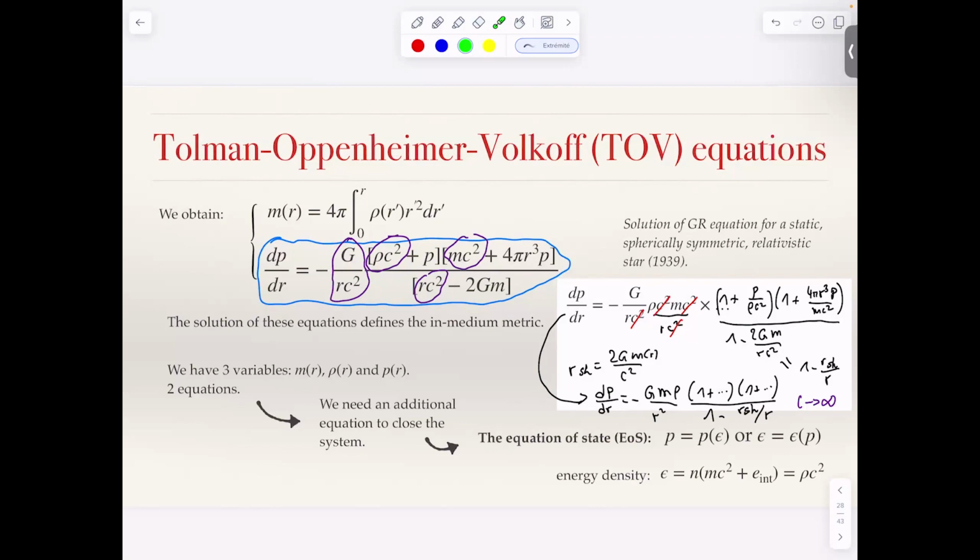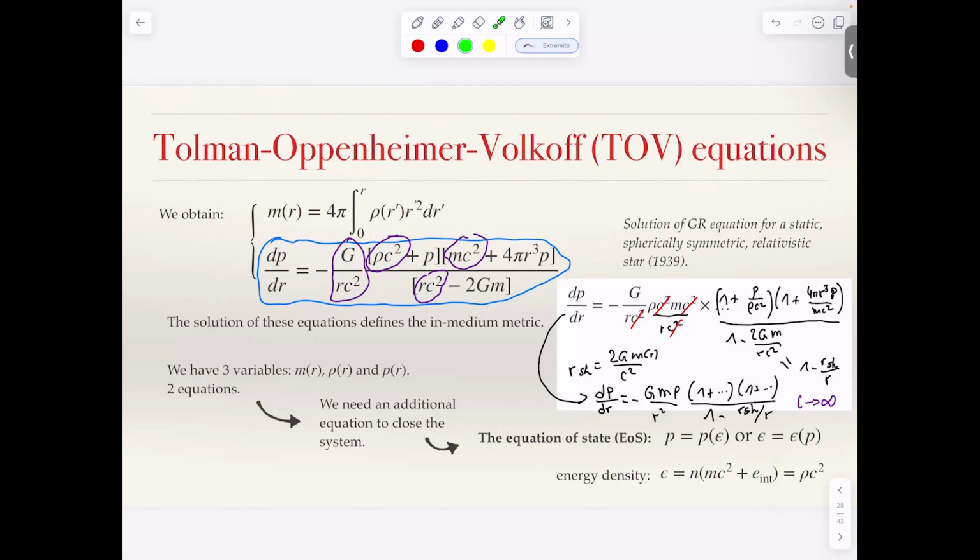But in general you also have an effect of the interaction, so the kinetic energy and the interaction, all these energies are in the internal energy.